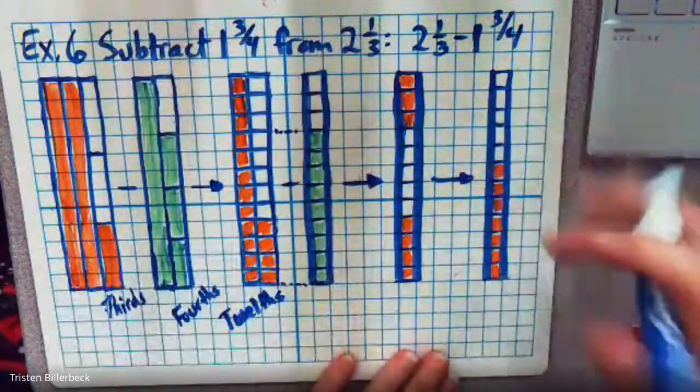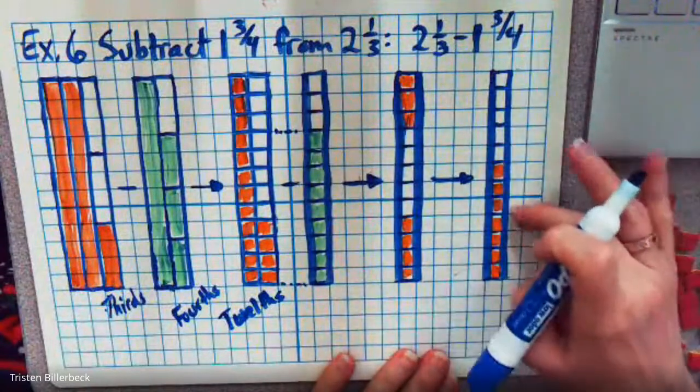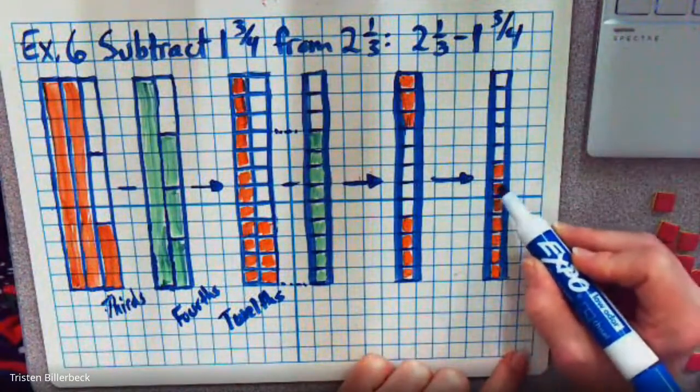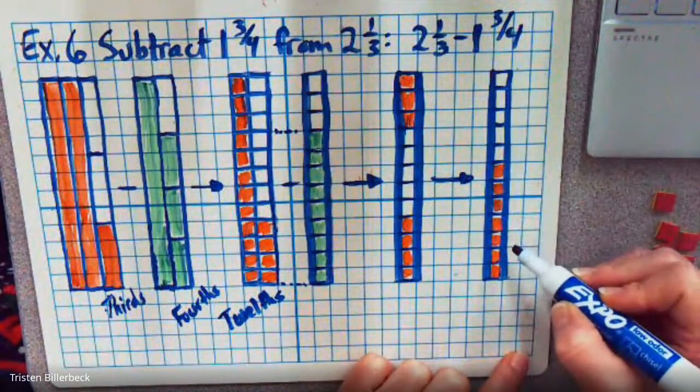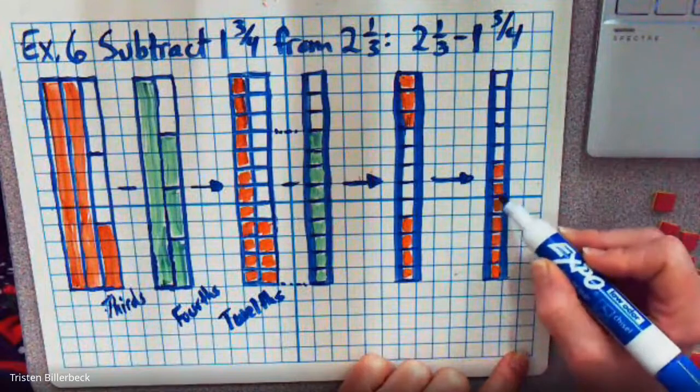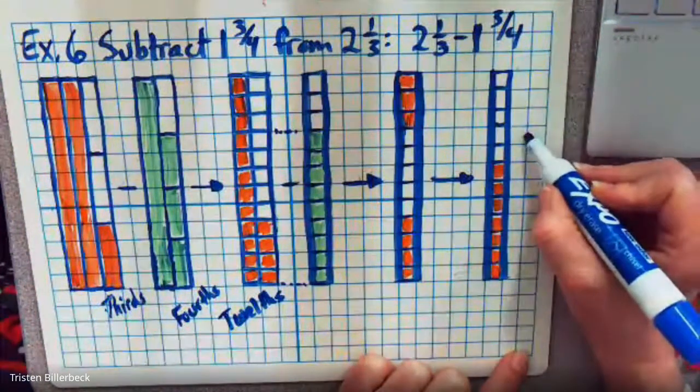And now we'll add them together, the 3 to the 4, and we see we have 1, 2, 3, 4, 5, 6, 7. Okay, so let's count that again. 1, 2, 3, 4, 5, 6, 7. So we have 7 12s.